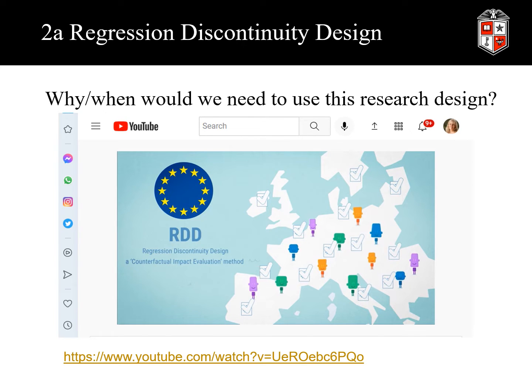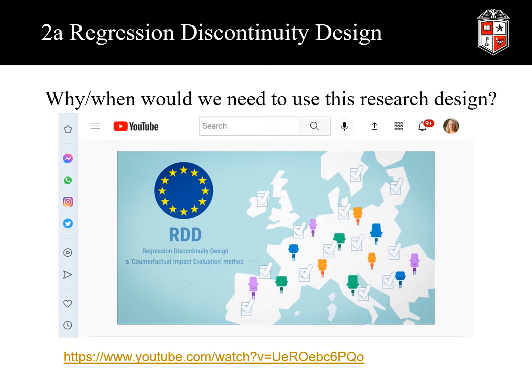Regression Discontinuity Design, or RDD, is a powerful counterfactual impact evaluation method. Consider a program to support the job search of unemployed workers who are 25 years old or younger. How effective is the program in increasing their chances in finding a job?